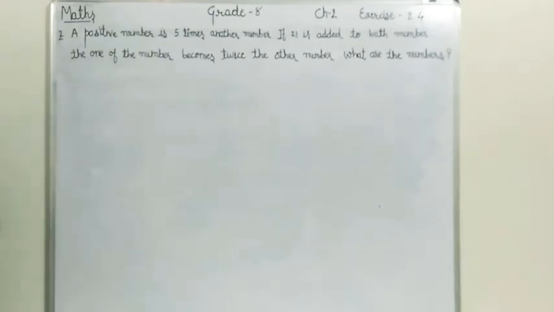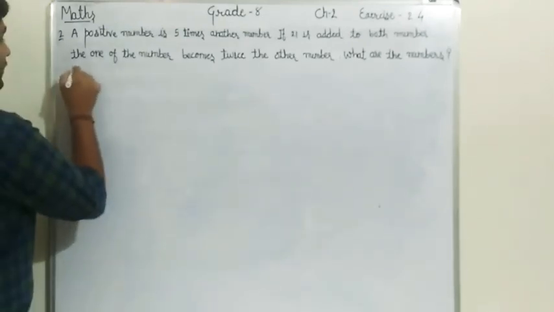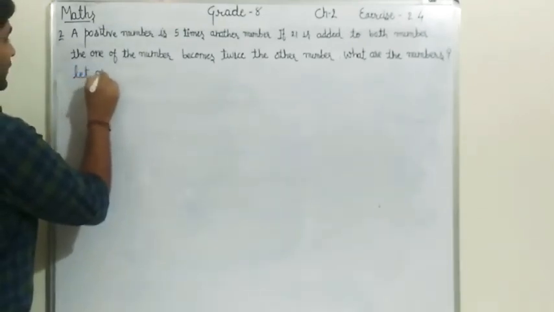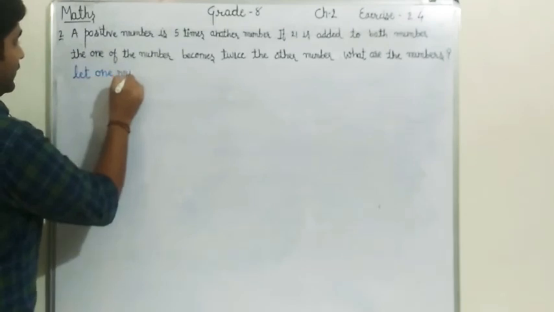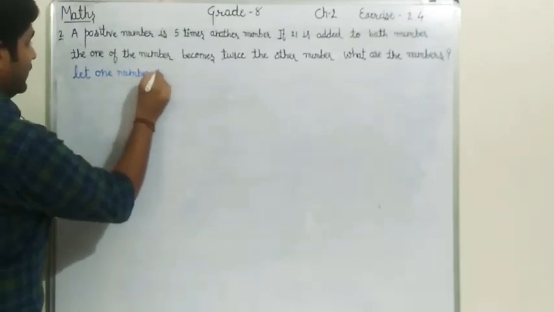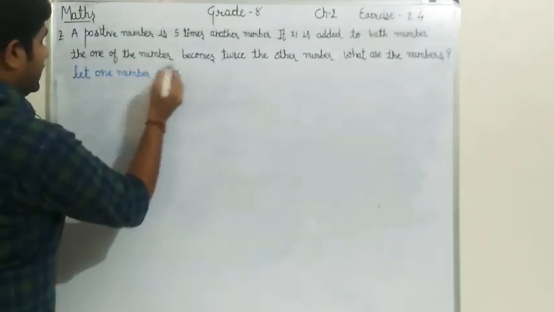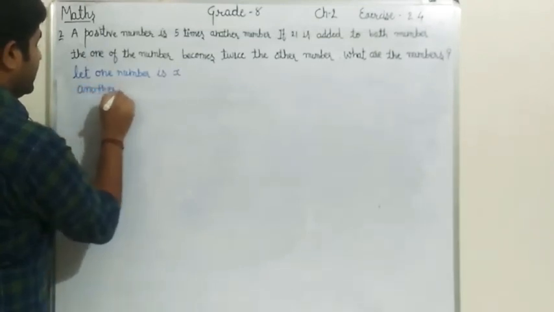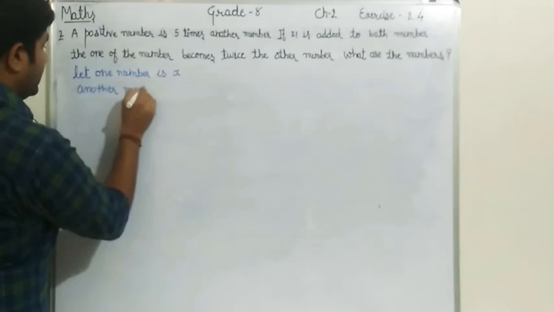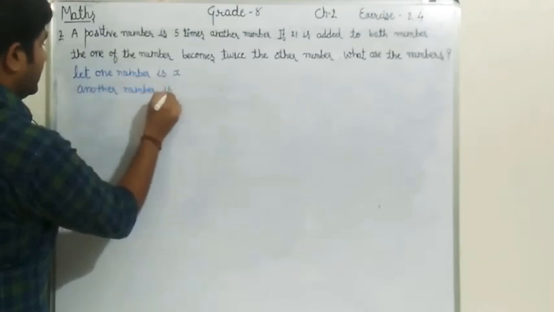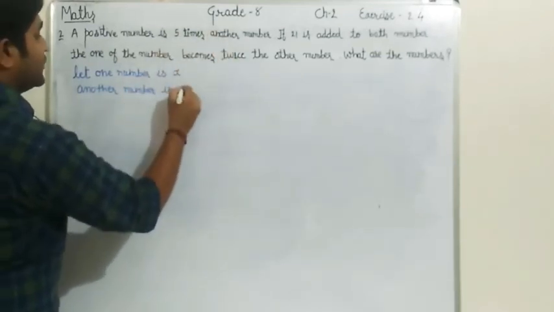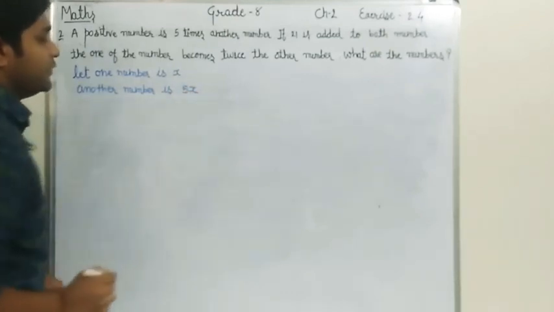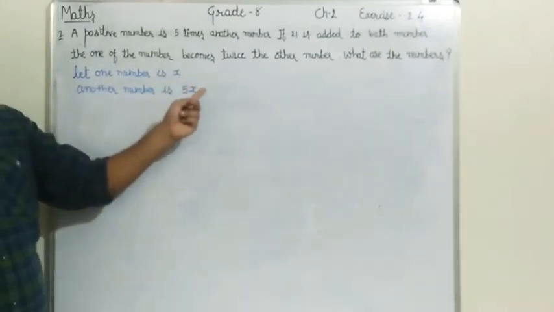Let me guess, one number is x. And another number is five times the other number, so it's 5x. So here we have two numbers, x and 5x.